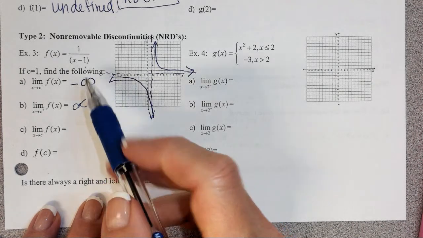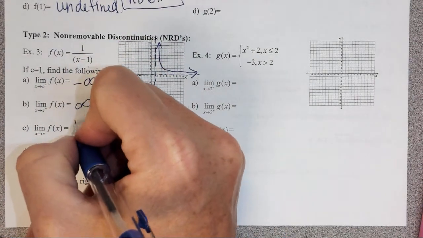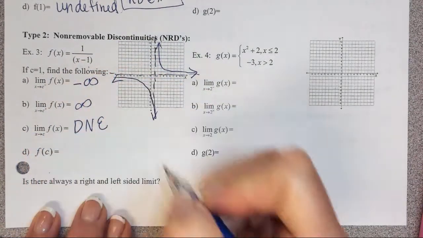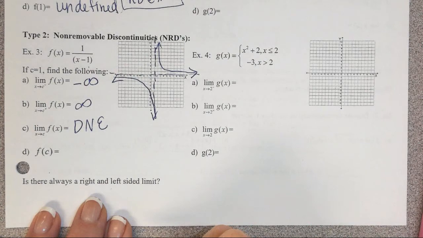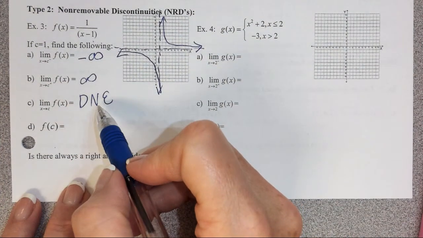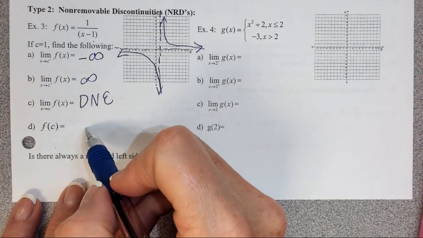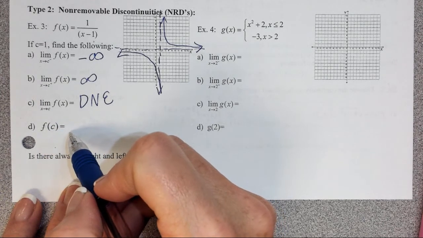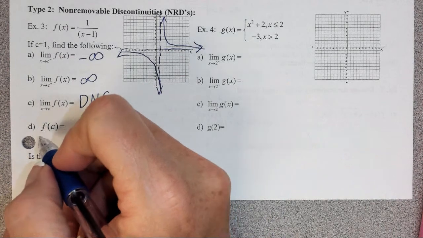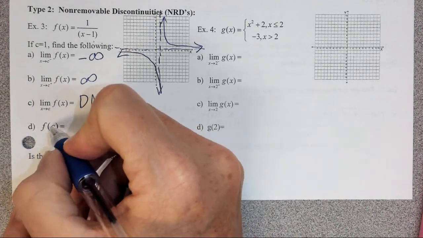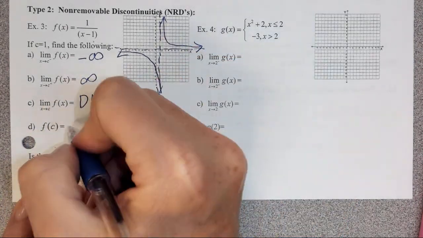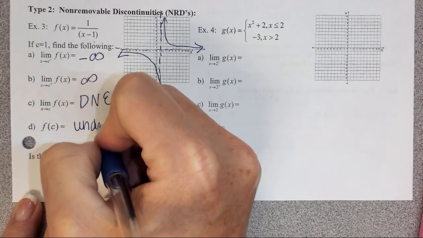So they don't meet either requirement, so therefore we say the limit does not exist. So we say the limit does not exist, but we don't say that f of c does not exist. What do we say about the point? The point is, we say that f of c, right here we had the vertical asymptote, so we call this undefined.